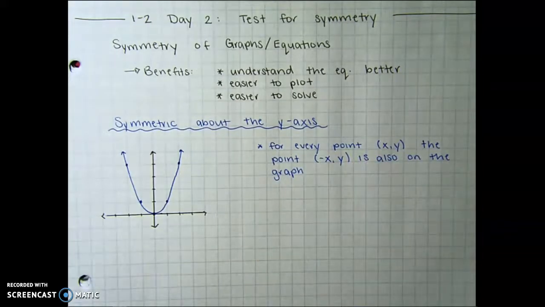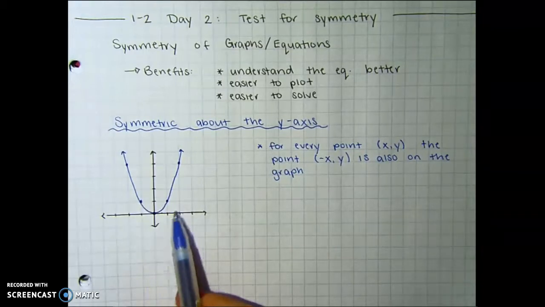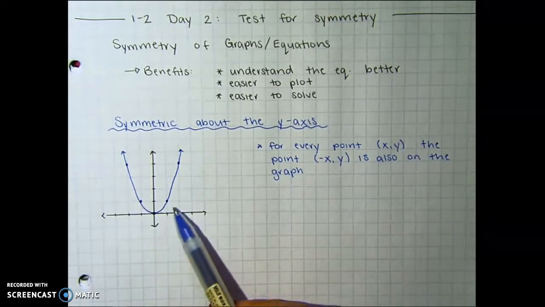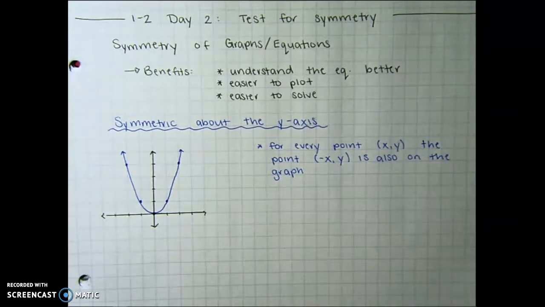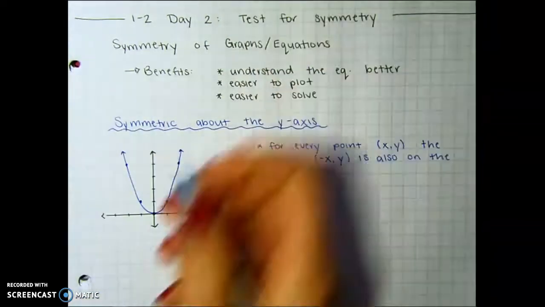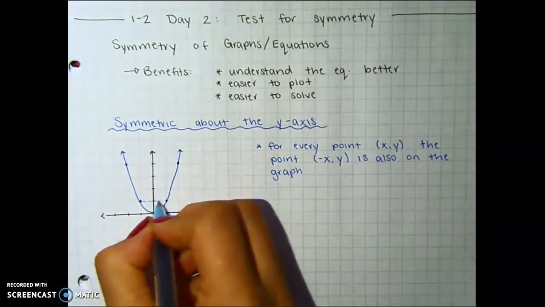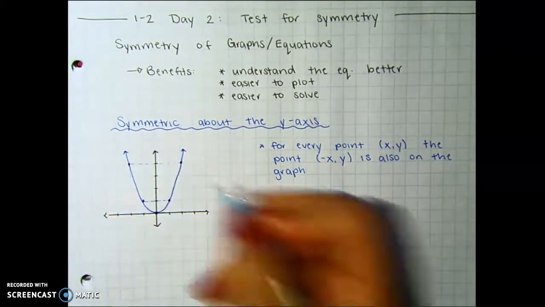And here's a perfect example, right? At negative 1, 1, so that's our x, y, the point positive 1, 1 exists. So this checks out. So it's really easy to tell on a graph, right? You have your axis of symmetry, which is the y-axis, hence symmetric about the y-axis.